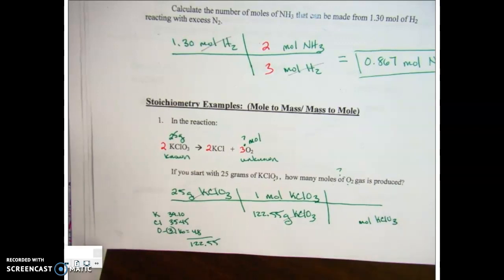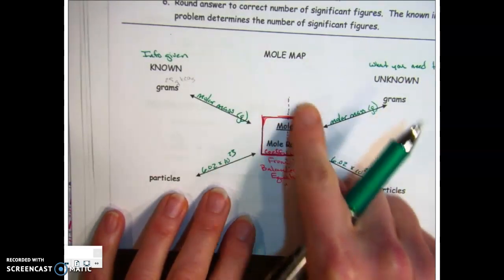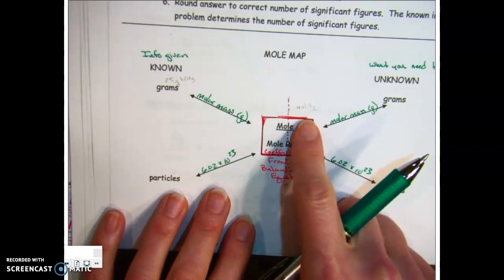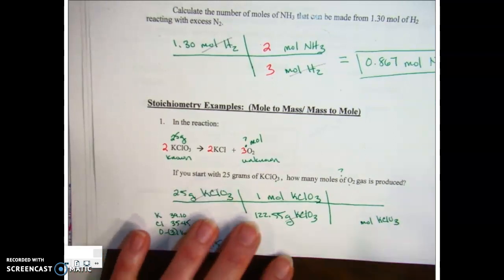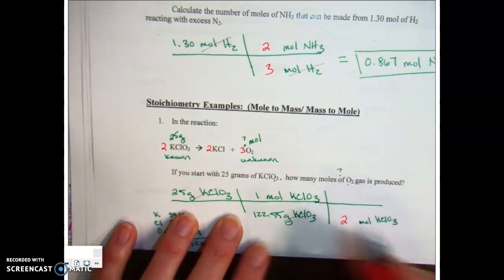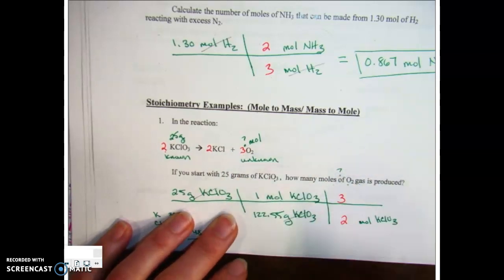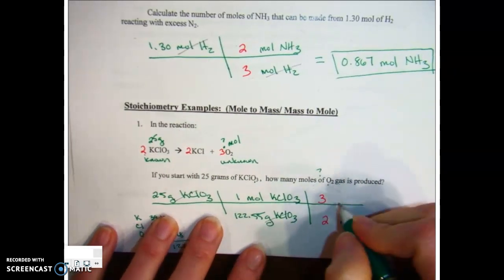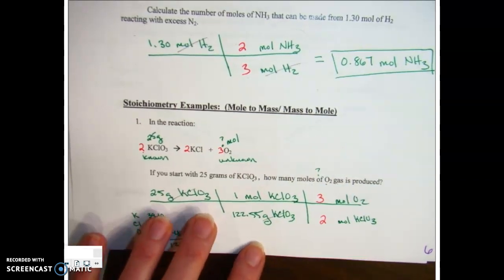So now where am I? Well, I have the moles of potassium chlorate, and I want to know how many moles of O2. So we're going to use the mole ratio here. I know that there's 2 moles of potassium chlorate for every 3 moles of oxygen. See that my units are going to cancel.